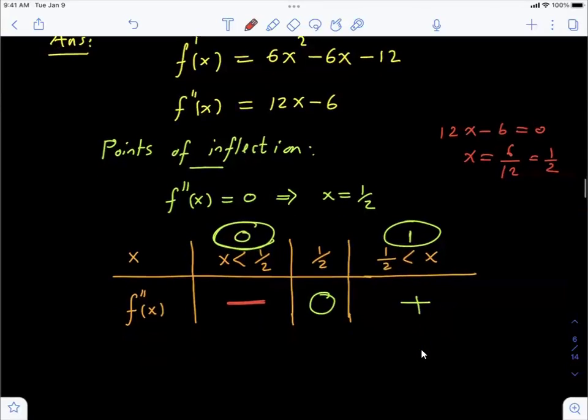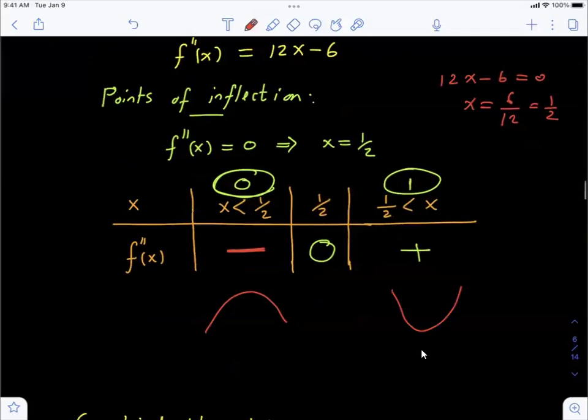Now, if the second derivative is negative, what kind of shape should the original function have? It should be an upside down U shape. And then what kind of shape should we have in this scenario in the right interval? It should be this kind of shape. This does not mean it needs to be the entire shape.